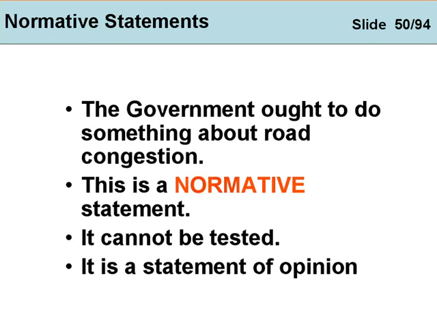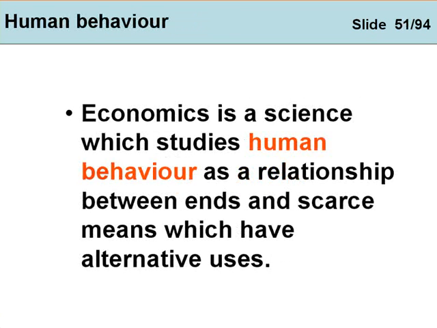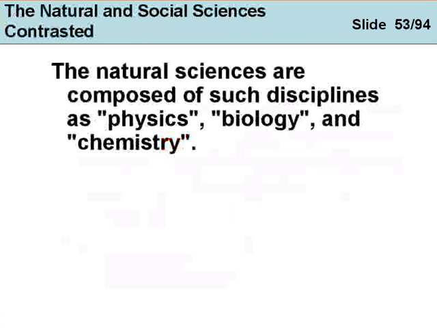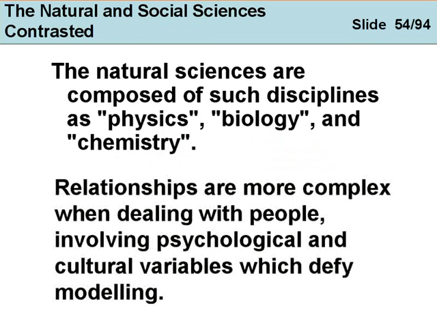Let's go back to Robbins' definition. It says that economics is a science which studies human behaviour. Well, yeah. We study human behaviour because it is a social science. We contrast the social sciences, of course, with the natural sciences. Natural sciences are composed of such disciplines as physics, biology, chemistry, astronomy, and so on. In the social sciences, relationships are very complex.